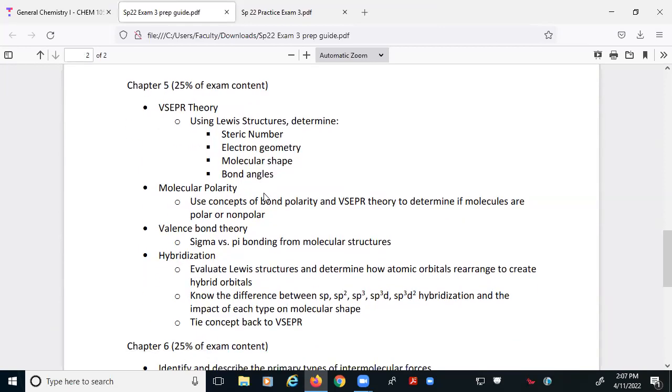In Chapter 5, we're talking about VSEPR theory, hybridization, polarity, valence bond theory. So all these are kind of going in together. Can you look at a Lewis structure and give some basic information about the structure itself? What is its molecular shape? What are its bond angles? Is it polar?